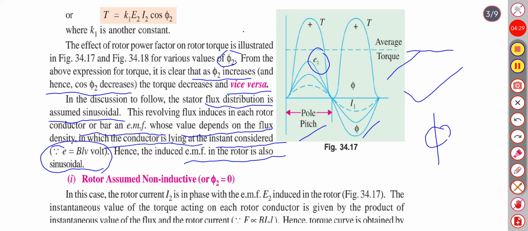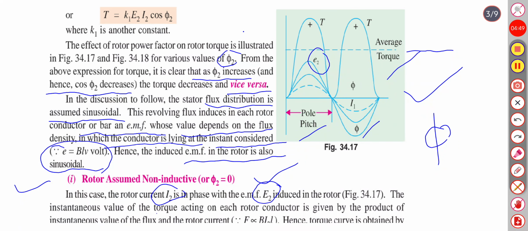Now there are two assumptions. First, the rotor is assumed non-inductive, so phi 2 will be 0. In this case, the rotor current I2 is in phase with the EMF E2 induced in the rotor.